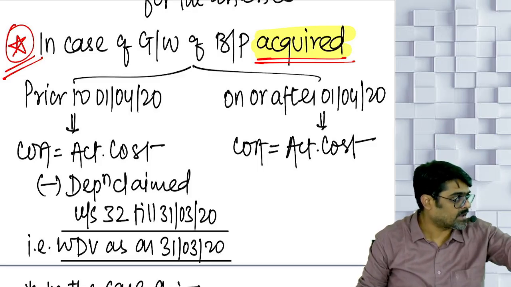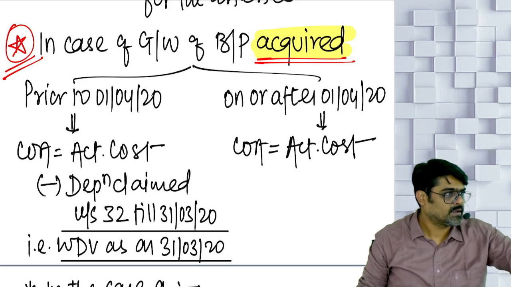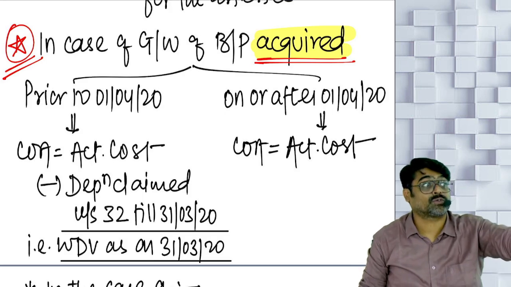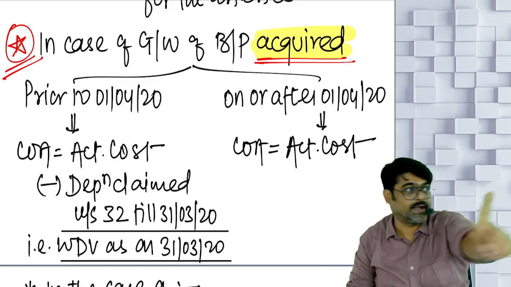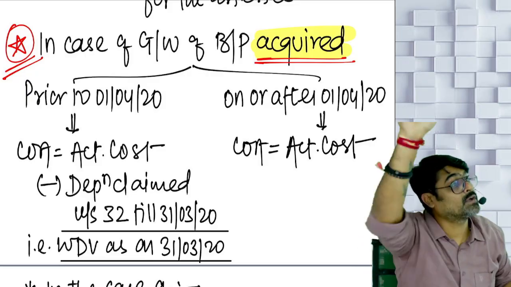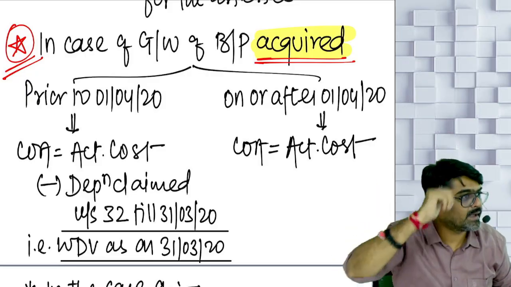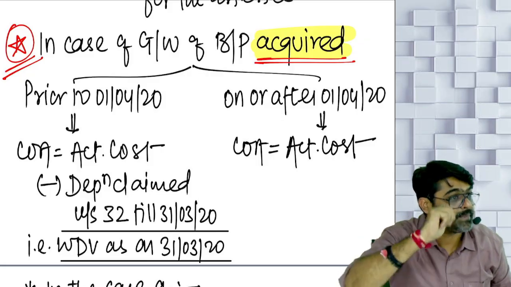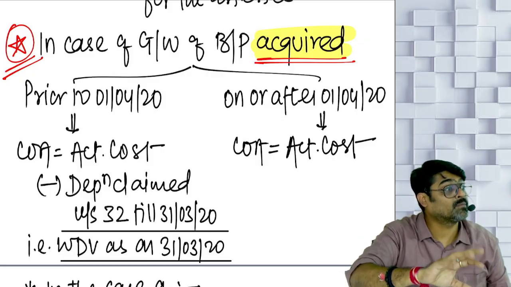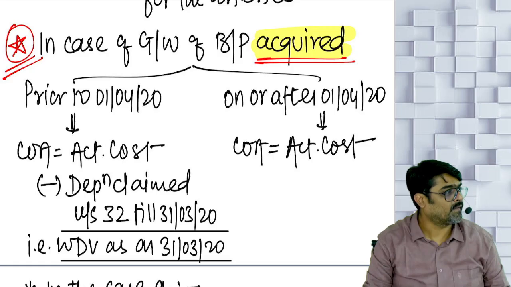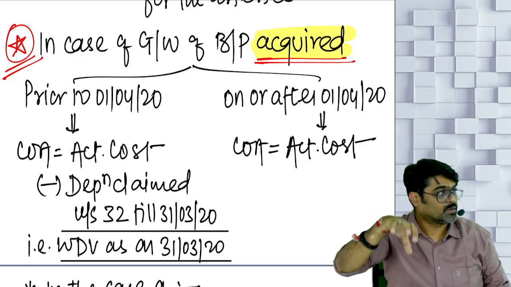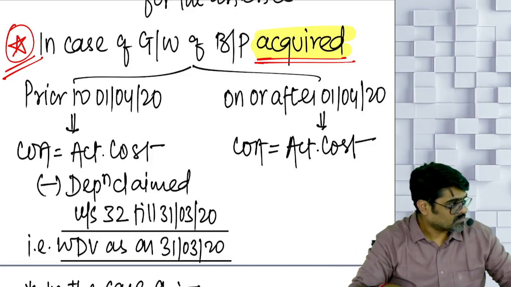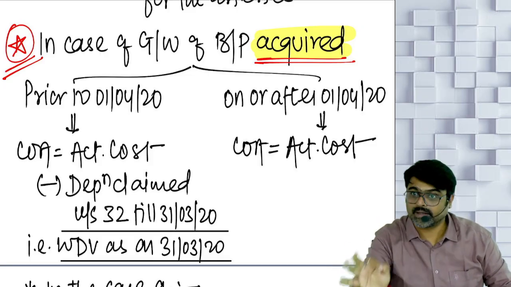Even if land is used for the purpose of business or profession, the cost of that land will not be allowed under that head. Throw the land outside, meaning under the capital gain head. So whenever this land is transferred in the future, to calculate the capital gain, the cost of the land will be reduced.